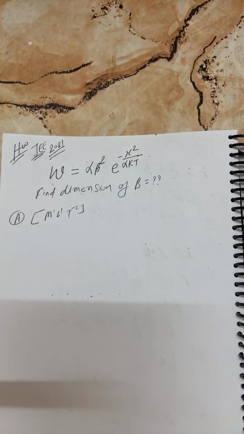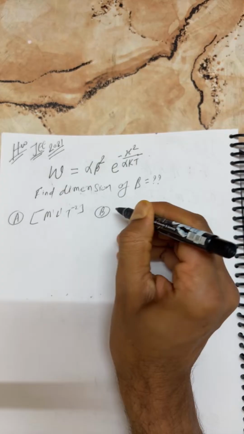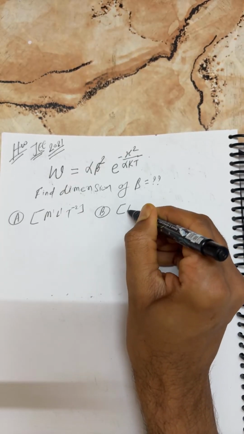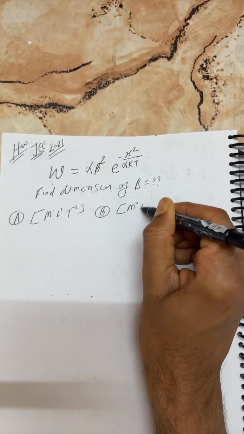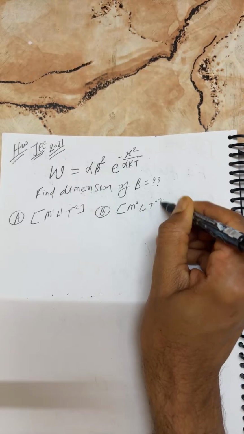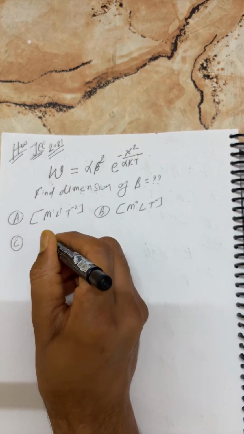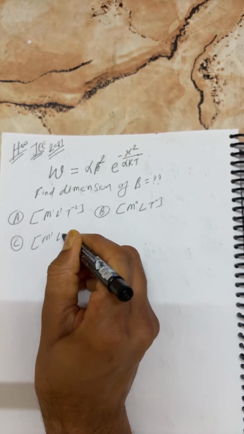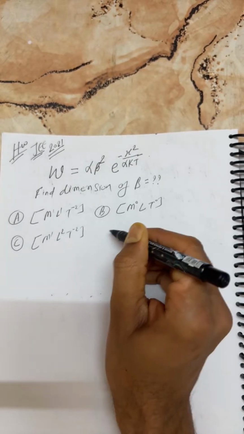Option A is M0 L0 T0, and this one is M1 L2 T minus 2.